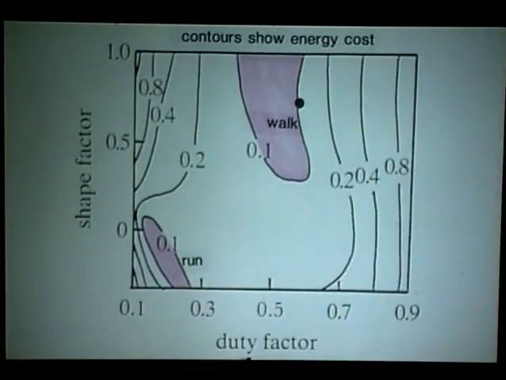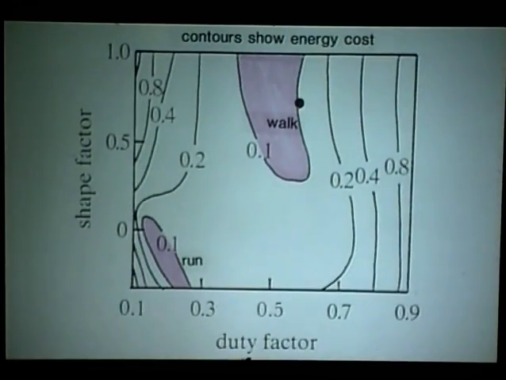Now, if we were to look at the finer detail of the contours, we'd find that we could actually get slightly lower energy cost by using the run than the walk. But this particular graph is drawn for a speed which is a fast walking speed. So what's wrong? Have a look at that running minimum again.